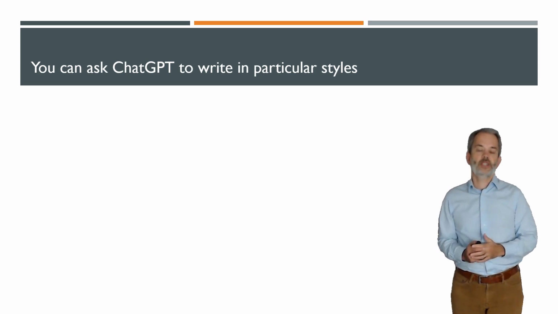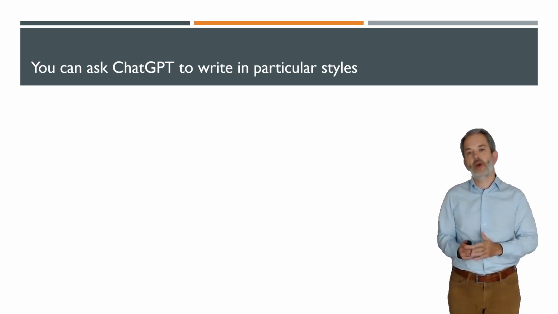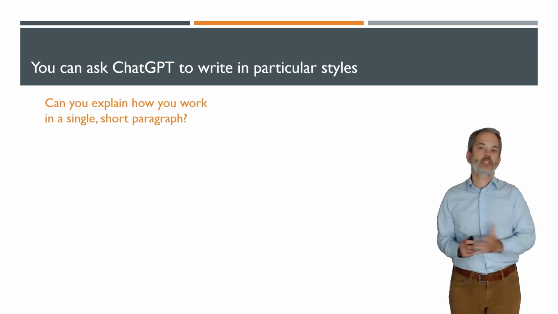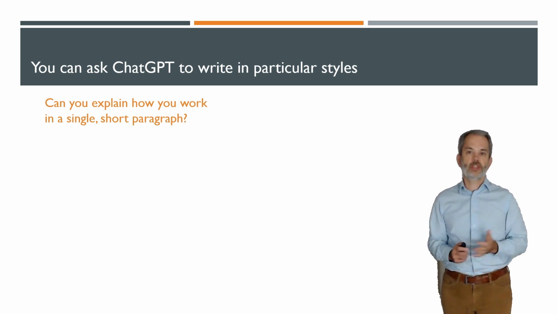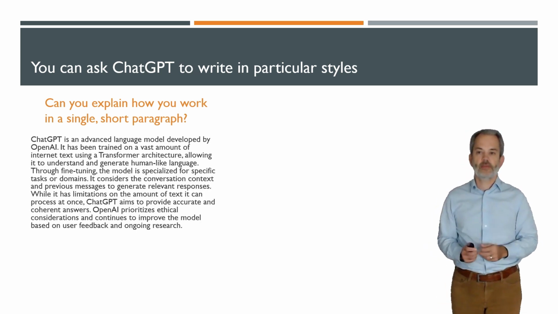One nice feature of ChatGPT is you can tell it to adjust its output. So I asked ChatGPT to explain how it works in a single short paragraph, and I got the following back. ChatGPT is an advanced language model developed by OpenAI. It has been trained on a vast amount of internet text using a transformer architecture, allowing it to understand and generate human-like language.